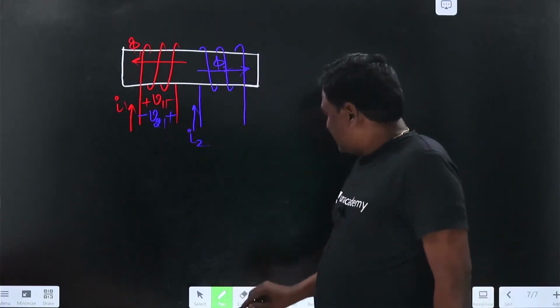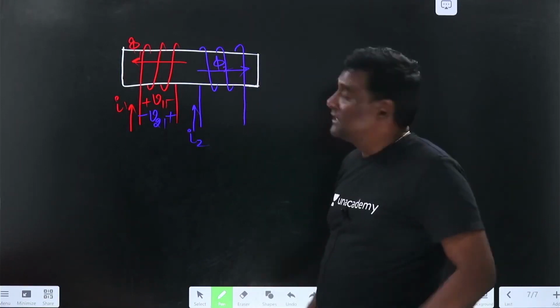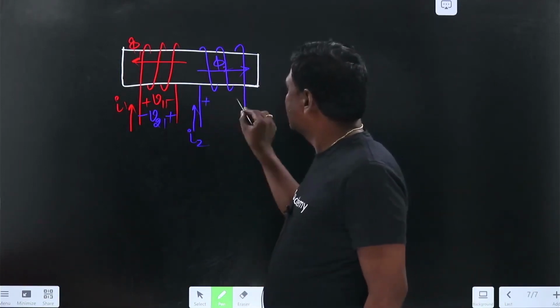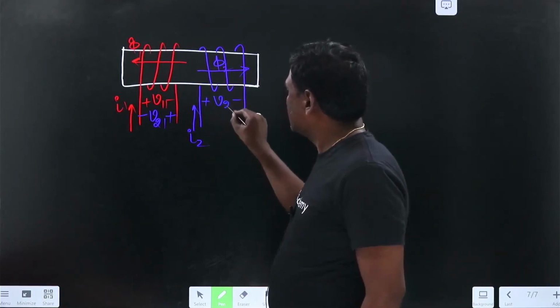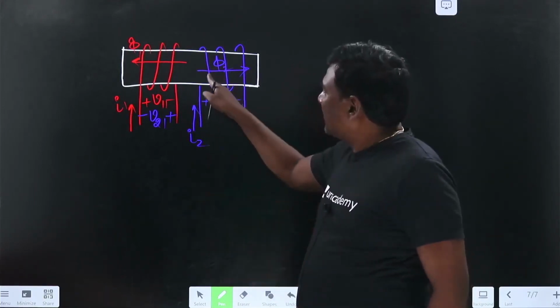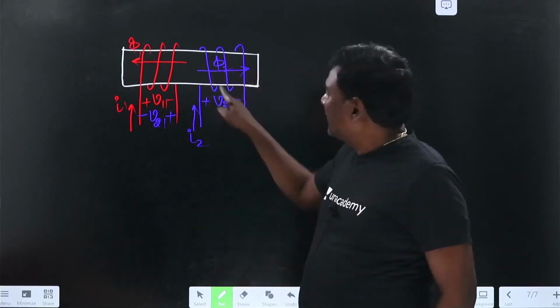Now let us think of blue. In blue, what's happening? Whenever my current is entering here, plus minus, this is V22 self. Now because of the right side direction of flux, induced voltage is like this.